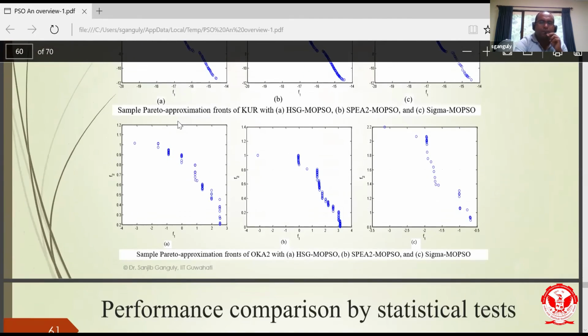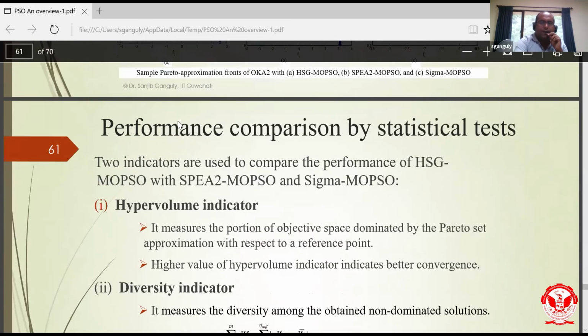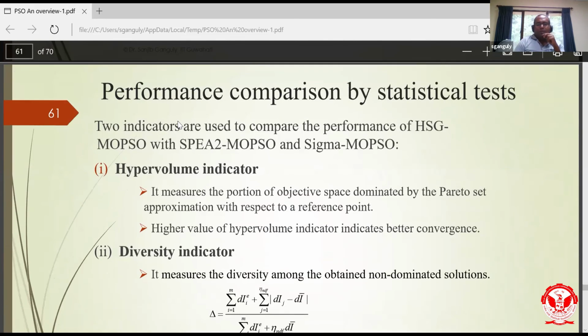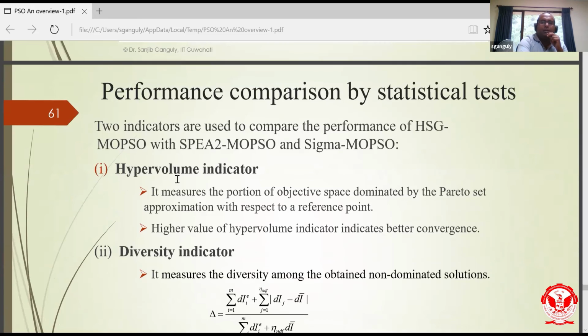So the Pareto front can be of different types, and whether you get the best solution or not will be decided with some indicators. There are indicators such as the hypervolume indicator, for example, which measures how much convergence you have.